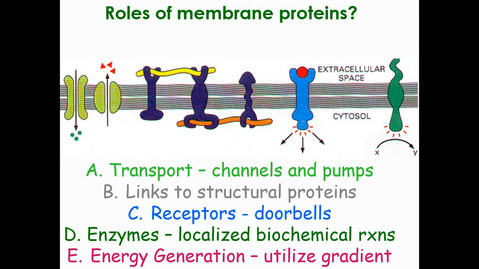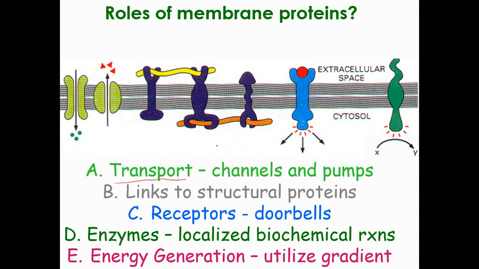So the role of membrane proteins, as we have shown in the previous slide, there are several functions of the membrane. Actually, the function of the cell membrane is not only due to the lipids. It involves the proteins and carbohydrates. For proteins, the function in the cell membrane is transport.